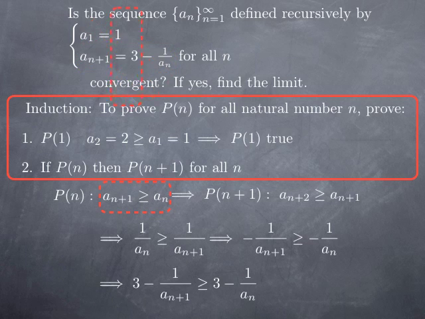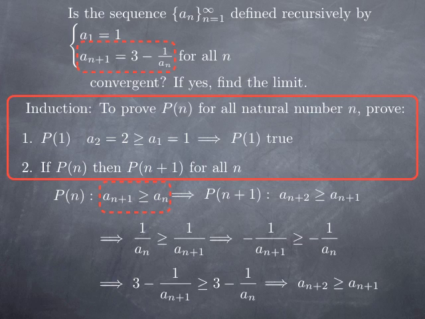And now, because this is the formula that gives me one term in terms of the preceding one, what you have on the left-hand side of the inequality at the bottom, 3 minus 1 over a_{n+1}, is a_{n+2}. It's just applying this formula that we have at the top for n+1 instead of n. And what we have on the right-hand side of the inequality, 3 minus 1 over a_n, is a_{n+1}.